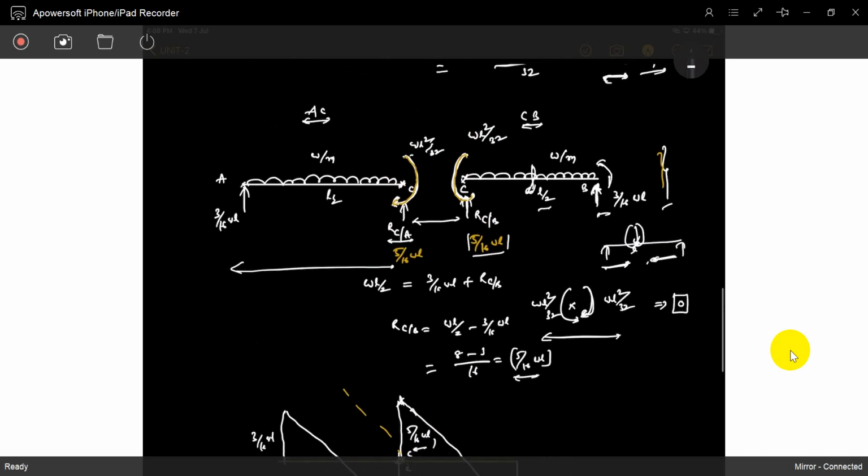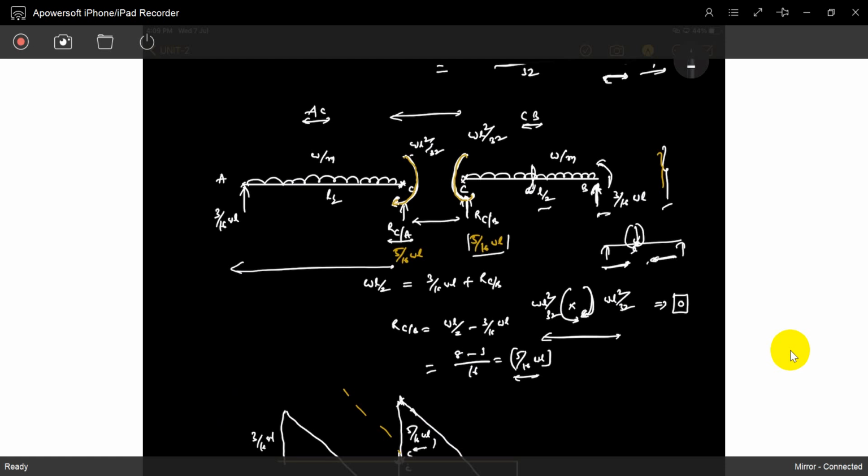But how can you draw a free body diagram? It looks like this. This is the way to draw the representative hogging moment for CA and CB also. If you observe, one is clockwise, the other is anticlockwise. That means C is also in equilibrium. That WL square by 32 for CB is clockwise, CA is anticlockwise.